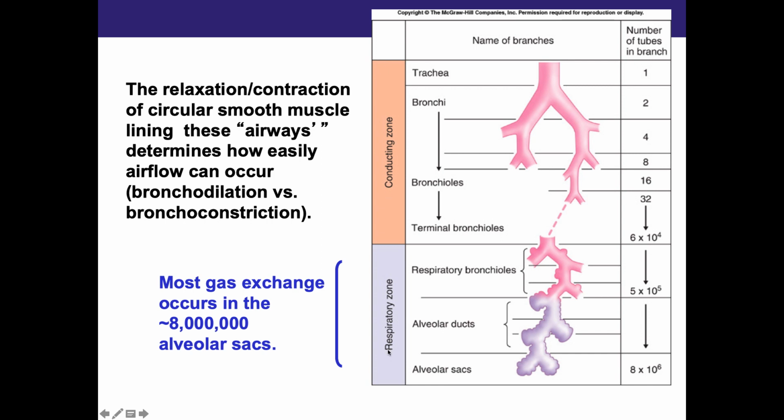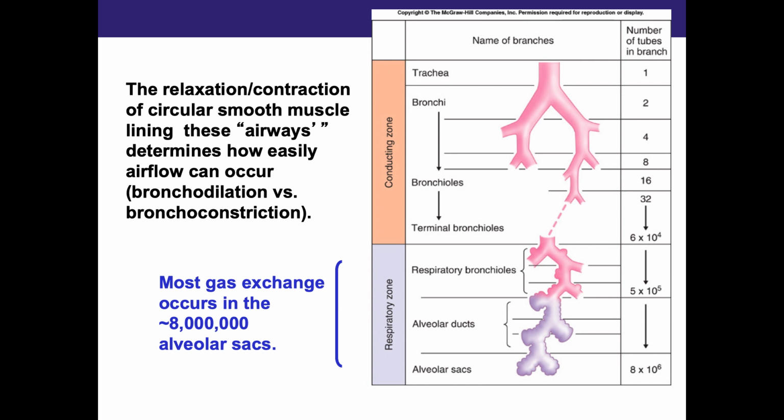All right, so this is kind of inconspicuous. Students can easily overlook this, but this is telling the whole story, right? This orange bar right here is telling you this is everything in the conducting zone, and then it continues to branch, and this is giving you the structures within the respiratory zone. So I mentioned this last time. What is the major difference between the conducting zone and the respiratory zone?